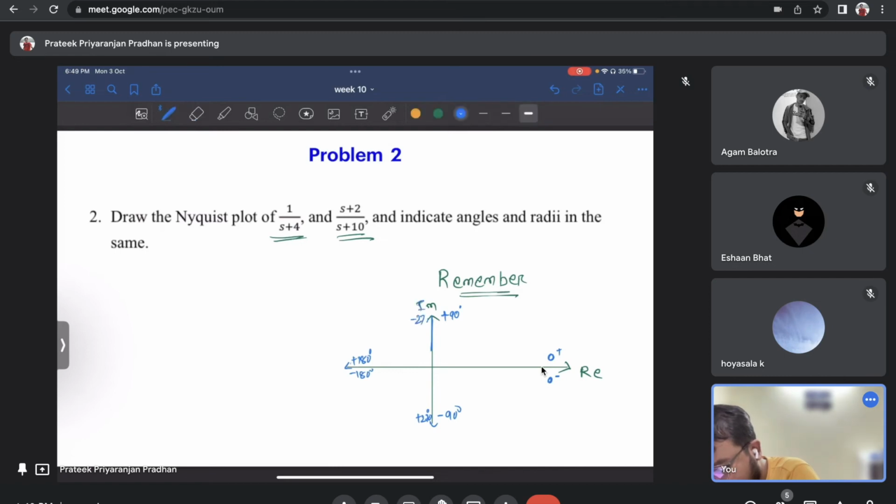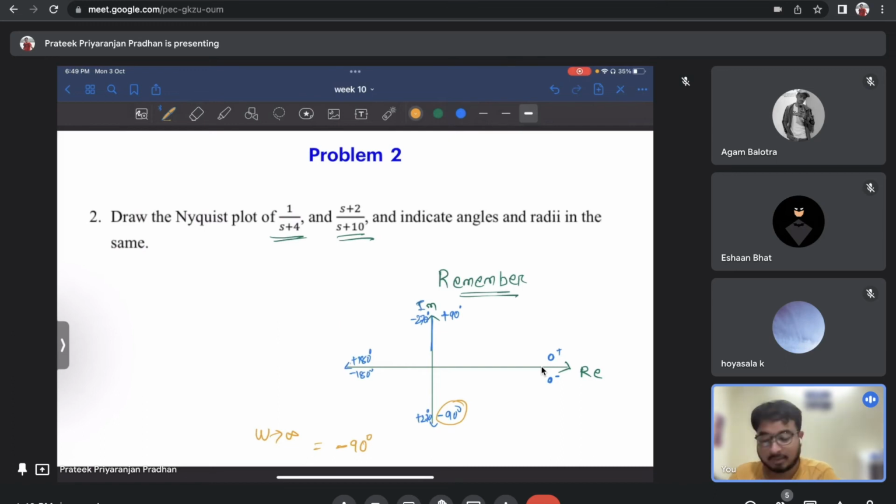So when you draw any Nyquist plot in the future, when omega tends to infinity, it's converging at negative 90 degree. So you must close it like this, not from this, because this side is the negative 90 degree.